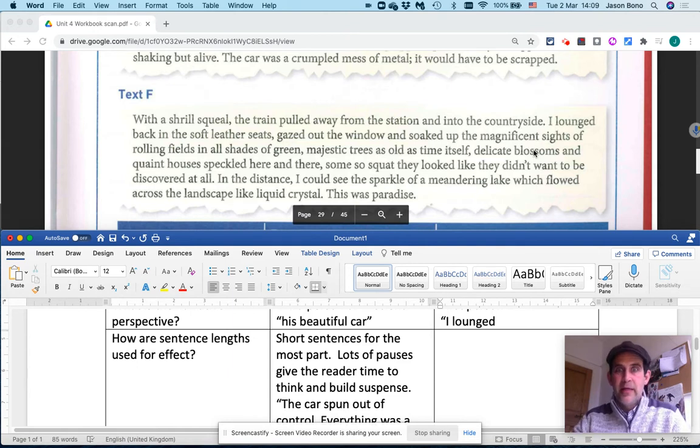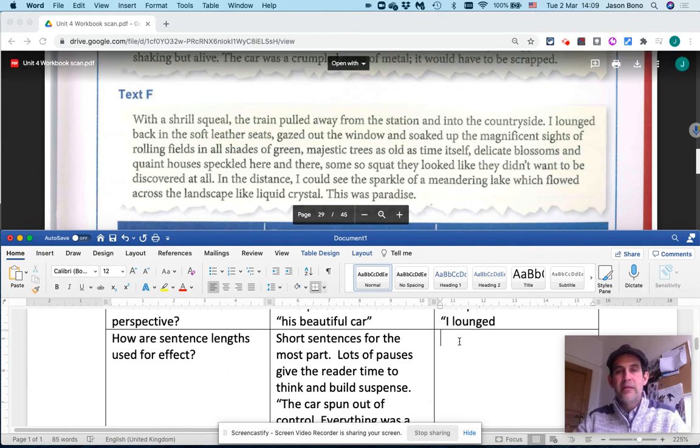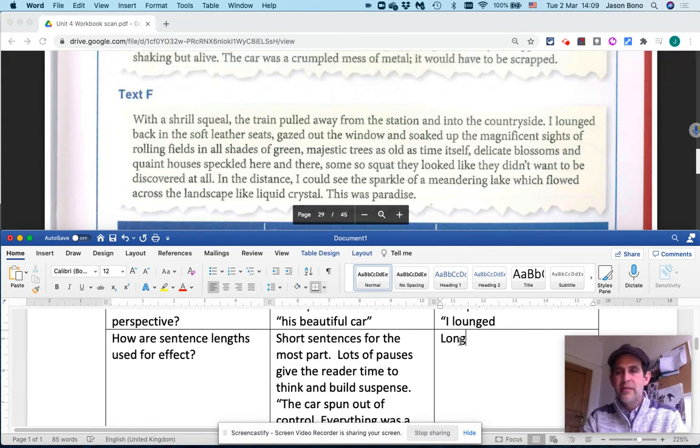Okay, you get the idea. That's quite a long sentence. And long sentences are used for descriptive detail.